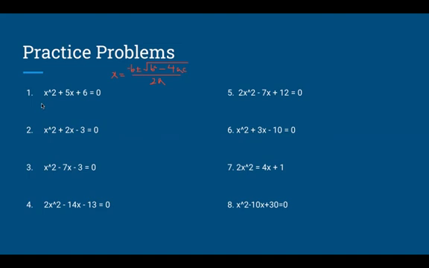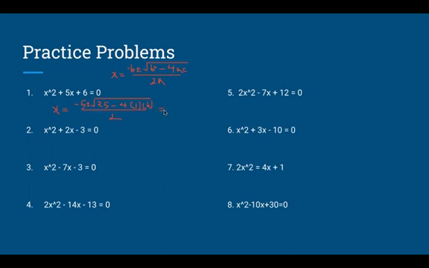For the first one, x equals negative 5 plus or minus the square root of 25, since 5 squared is 25, minus 4 times 1 times 6, which is 24, over 2a, so that's 2.